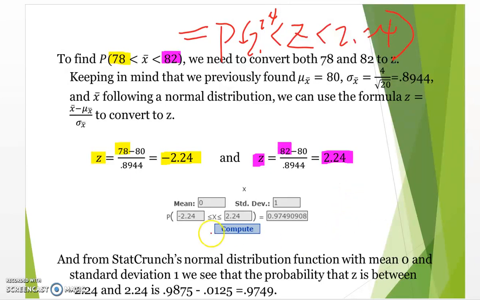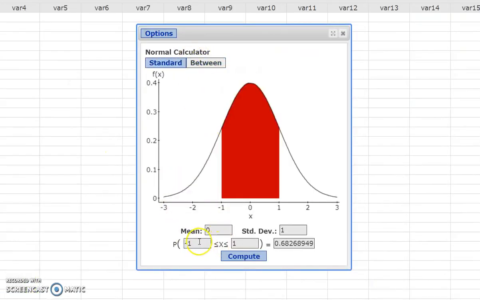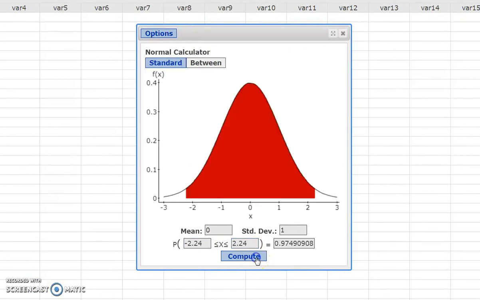So go to StatCrunch and apply those two values in. It's about z, and it's between negative 2.24 to positive 2.24, in between for its probability. In between, the chance is 0.9749.